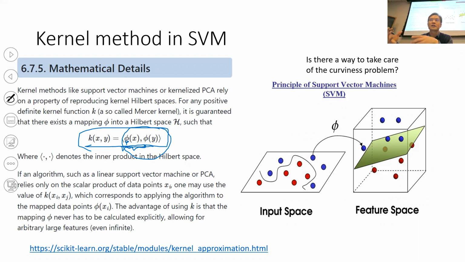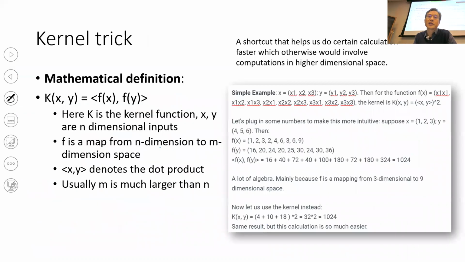It takes longer to compute, but the kernel function is easy to compute in the low dimensional space. So you want to use this particular kernel function to replace the inner product you would have to compute in the higher dimensional space. It's a kind of shortcut in the computation.